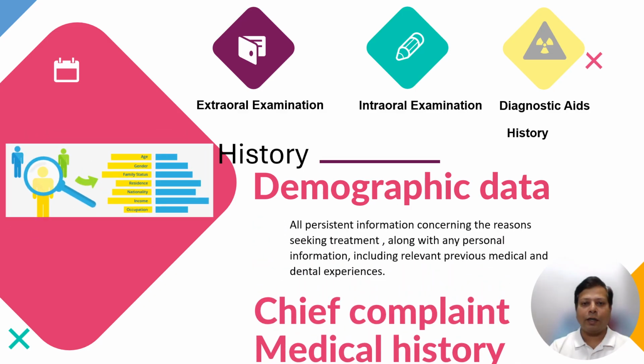In demographic data, we generally record the age, gender, family status, occupational history, and income of the patient. This also includes the reasons for seeking the treatment along with any personal information and relevant previous dental as well as medical experiences.